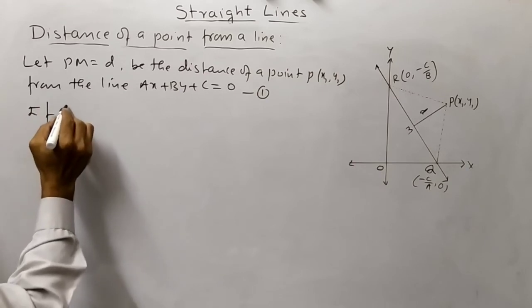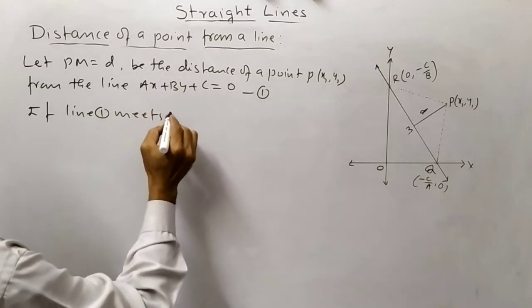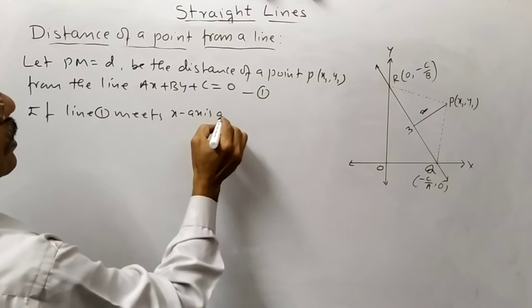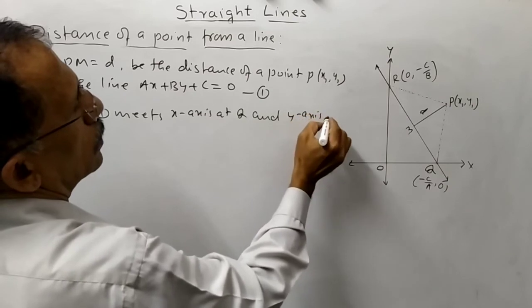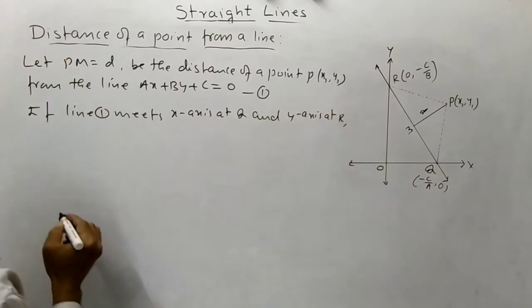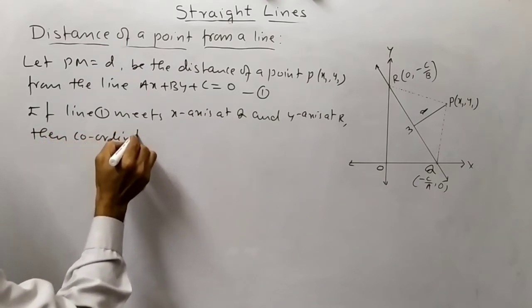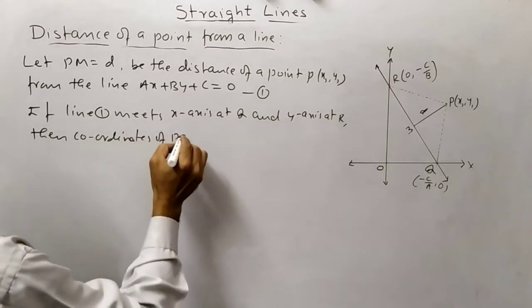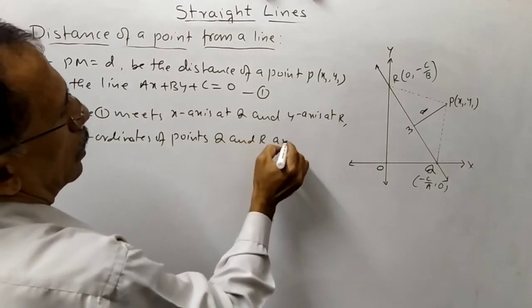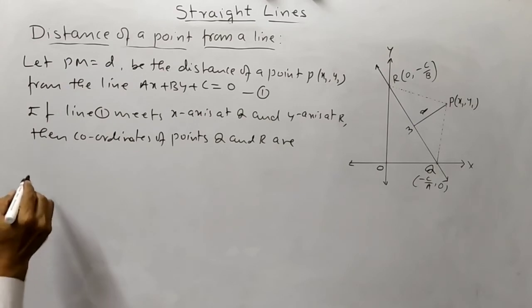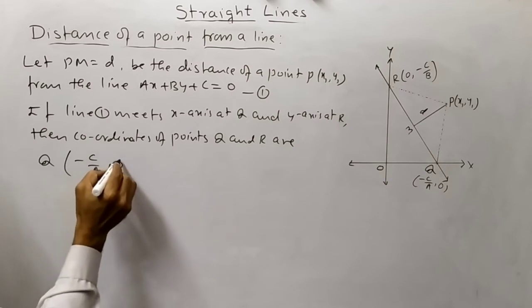If line 1 meets x-axis at Q and y-axis at R, then coordinates of points Q and R are: Q is minus C by A, comma 0.